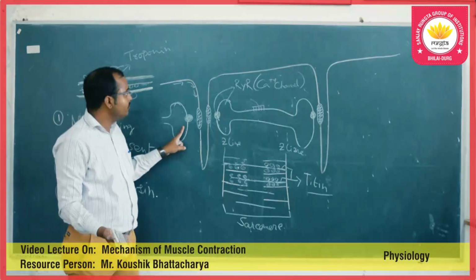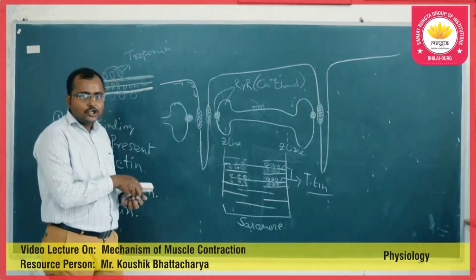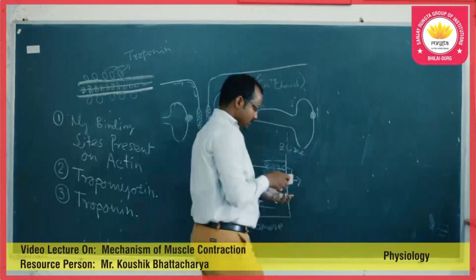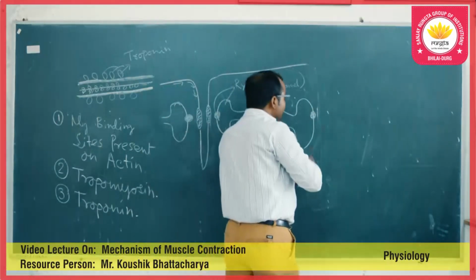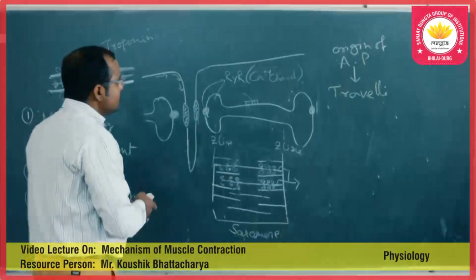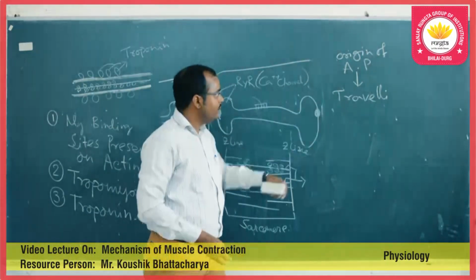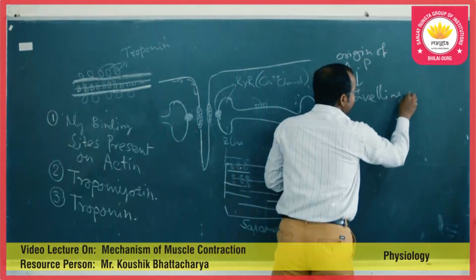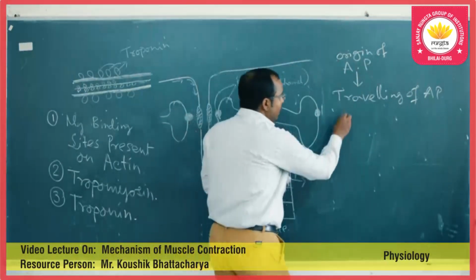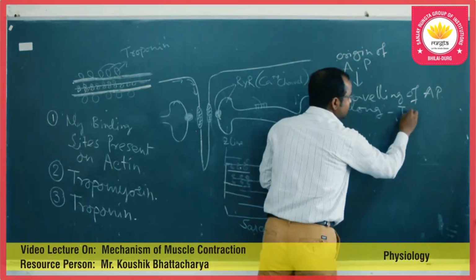So what is the story from the first again? Origin of the action potential. Next is the traveling of action potential along the T tubule.